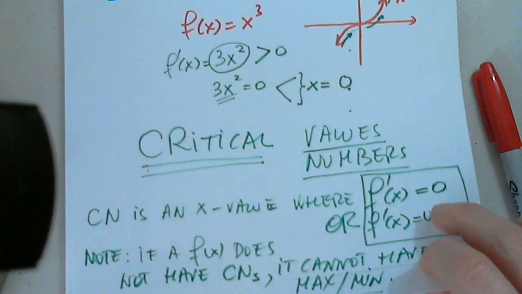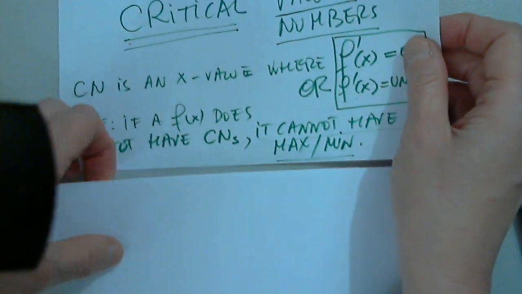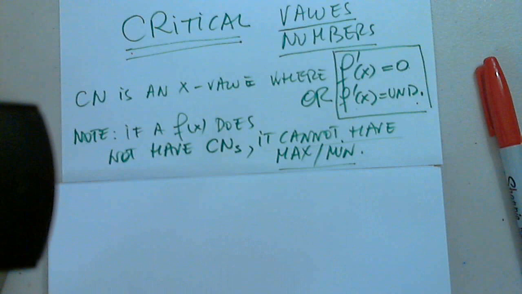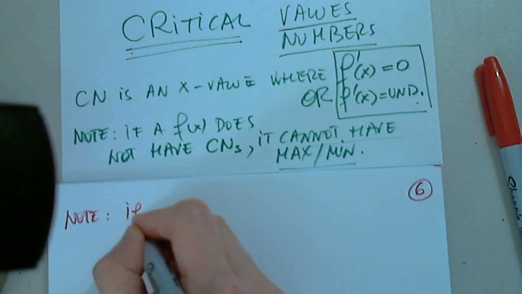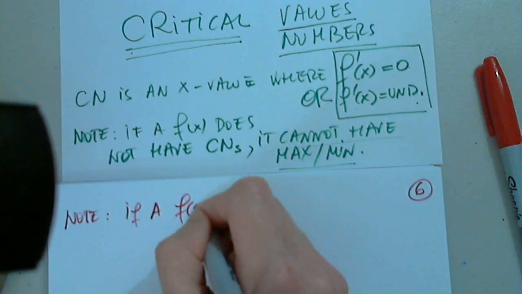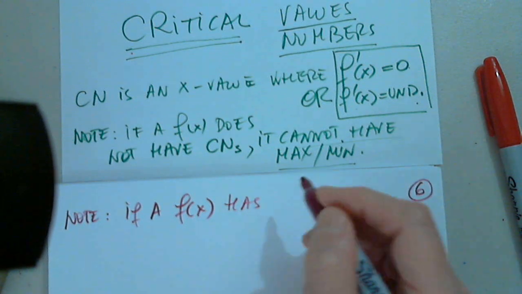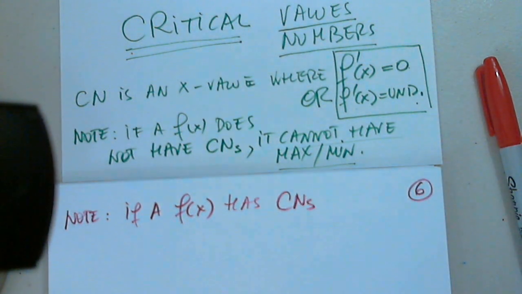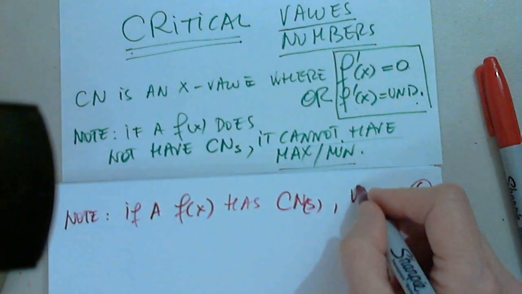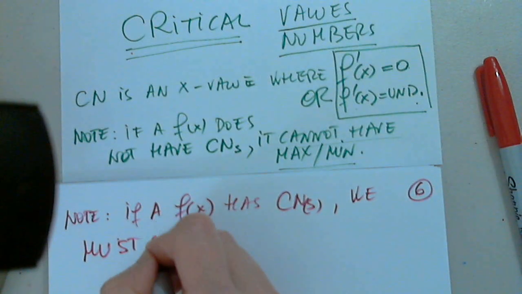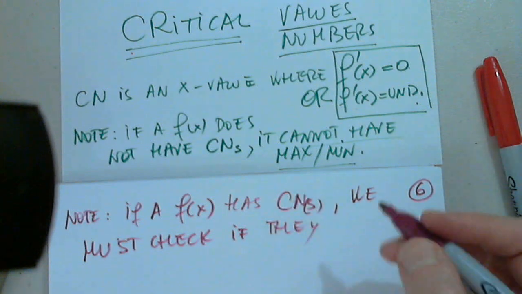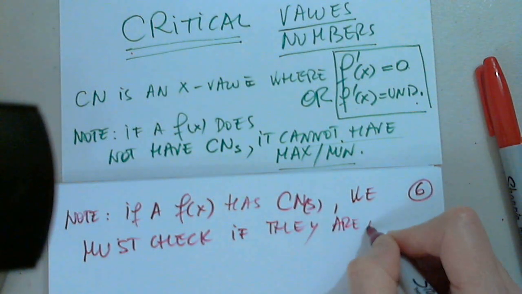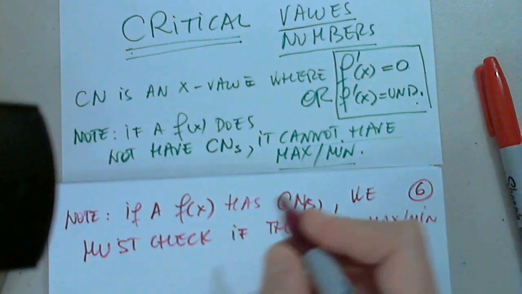And one more note, and then we'll look at problems and find critical numbers or critical values. Note, if a function f of x has critical numbers, we must check if these critical numbers are max min.